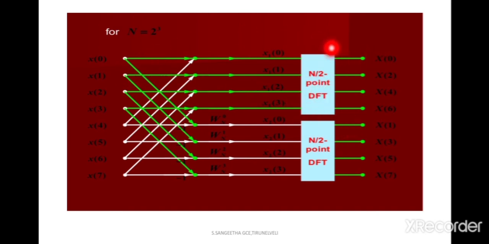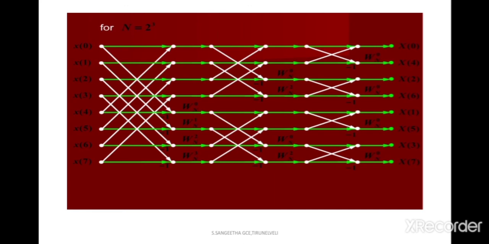So the output will be in bit reversal order, for example x of 1 bit reversal will be 2, and similarly for the others. So here computing the DIF FFT algorithm uses 3-stage synthesis, and each stage has N/2 butterfly computations. That will be explained here.